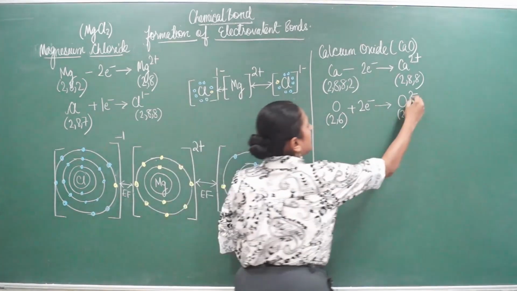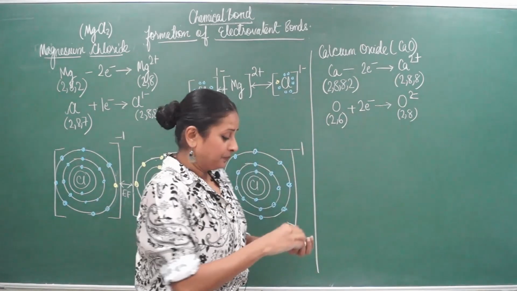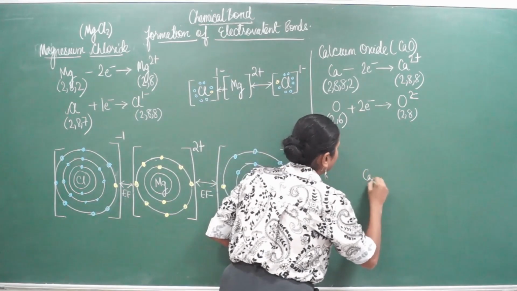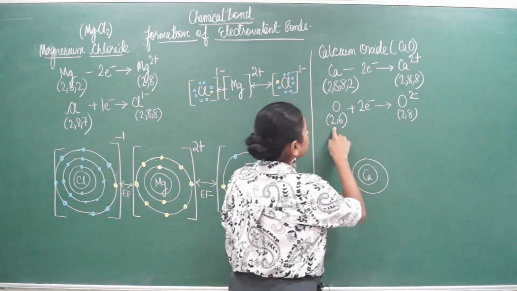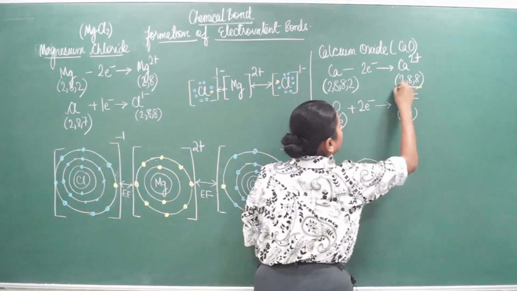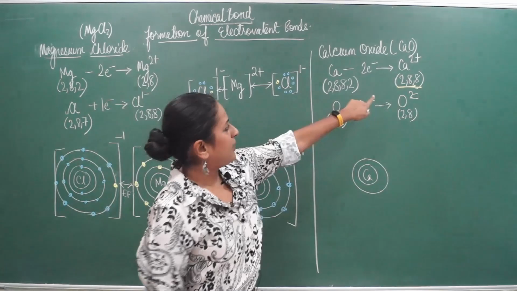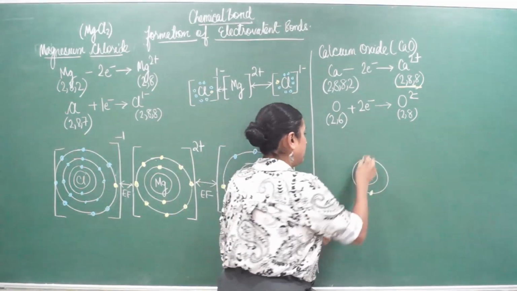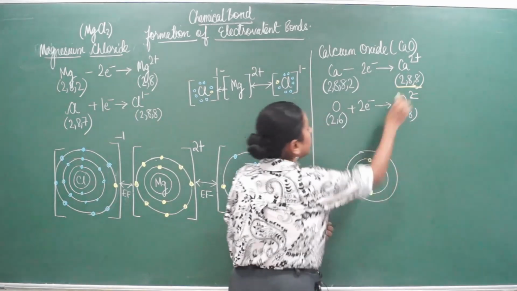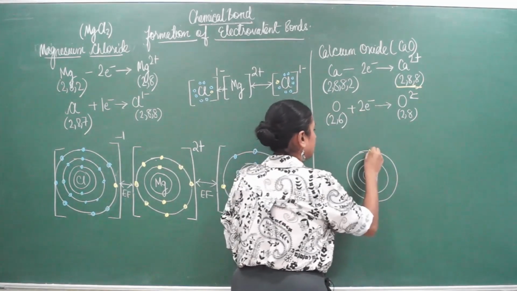Let us see how this molecule is formed. Calcium: first shell, it has 2 electrons. So we are drawing the ion directly, so we have to take that into consideration. First shell has 2 electrons. Second shell has 8 electrons.